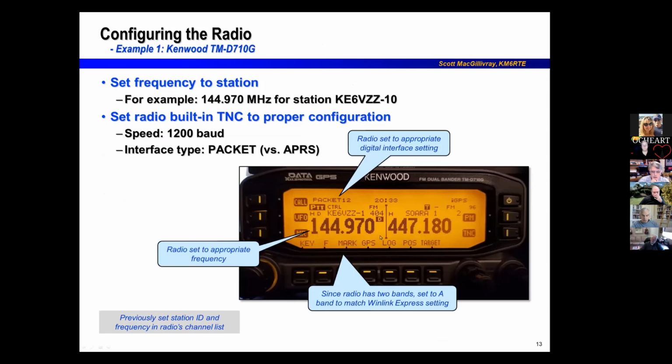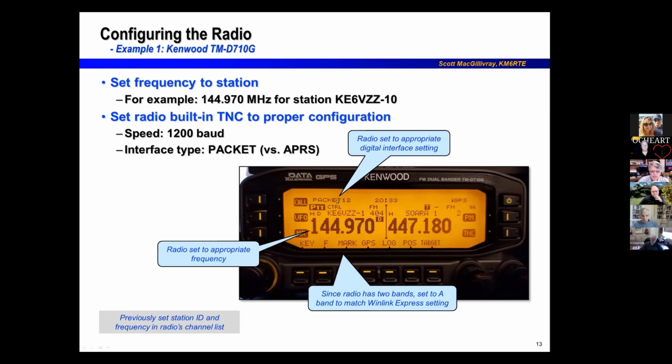And then I have to tell the radio that, by the way, when the push to talk button goes, it's going to be a digital communication. In this particular radio, there's a button over here called TNC, and I click on this until it says packet 12. That doesn't necessarily mean Winlink packet.